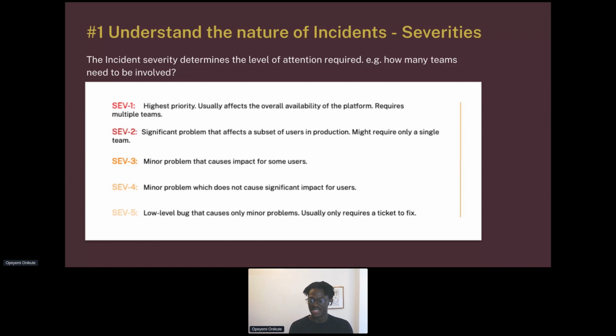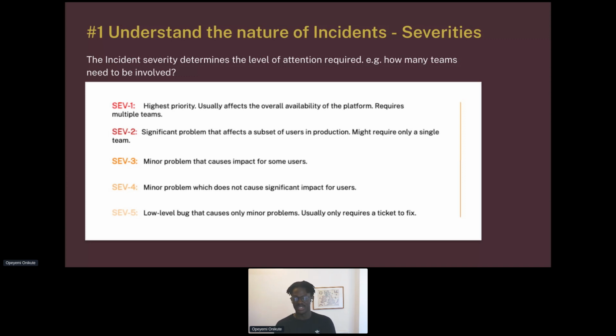An example is, let's say you have a cluster of servers on Amazon, and one of those servers goes down. But because you have a cluster, you fall back, and it doesn't cause any impact to your users. But you might want to look into it so it doesn't spread or happen again.